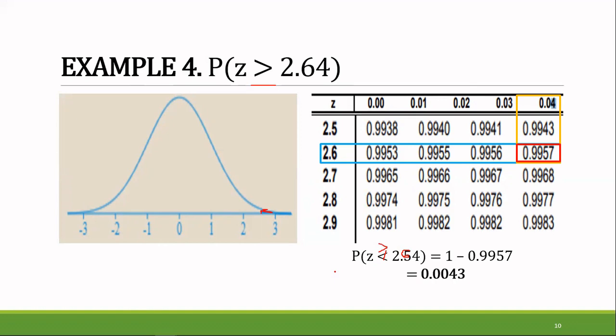That is equivalent to 0.0043. So now we can conclude that the area that corresponds to probability of z greater than 2.64, okay, 2.64 yan, is 0.0043. Okay?